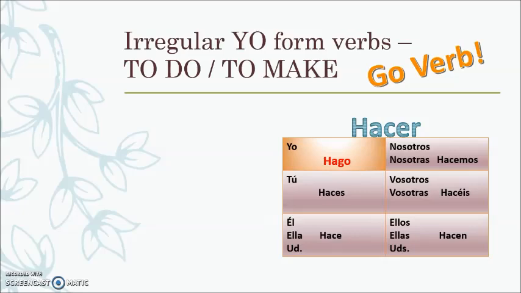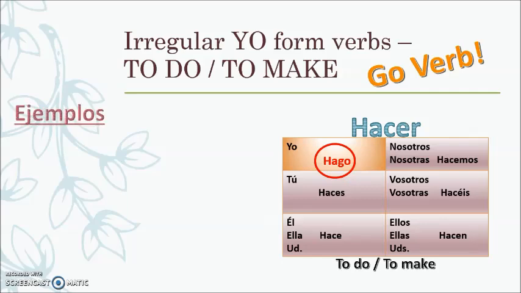Alright, and here's another irregular yo form. It is a go verb as well, but the rest of it is a normal verb. This is hacer, which means to do or to make. And in the yo form, instead of it just being able to take off the ER and add an O, it is hago, yo hago.